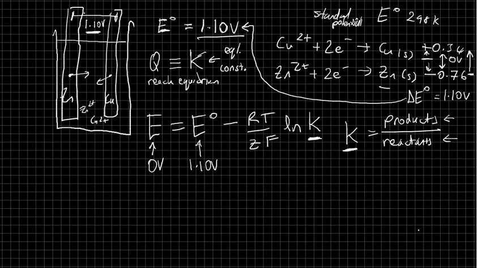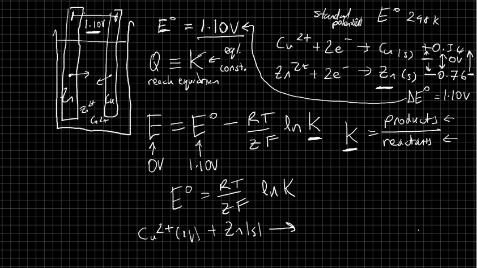We can also calculate that from our standard potentials. So we can rearrange this equation: E naught is equal to RT over ZF log of K, and we have to remember that this is for the reaction copper 2 plus aqueous plus zinc solid going to copper solid plus zinc 2 plus aqueous.